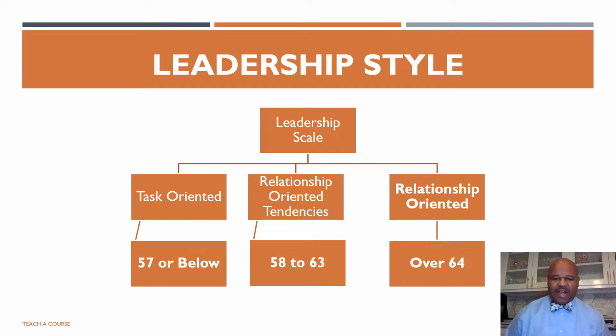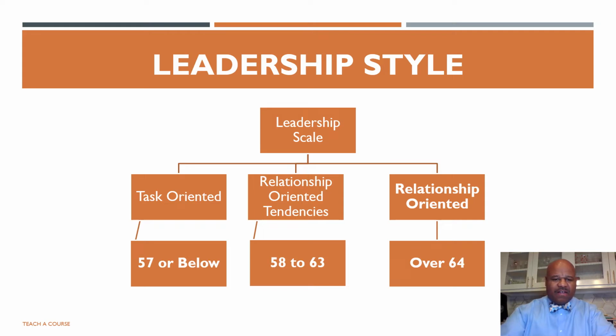So in the leadership style, there is a scale that you would take on a self-assessment. And there's two areas that's going to kind of place you in. That's either you're going to be task oriented or you're going to be relationship oriented. And after you've done this self-assessment, your results is going to place you in one of these three areas. As you can see below, we have the task oriented area.